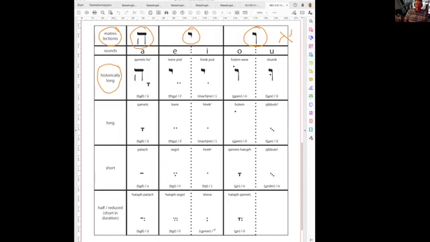And what happens is that at the end of a syllable, the letters will become quiet.